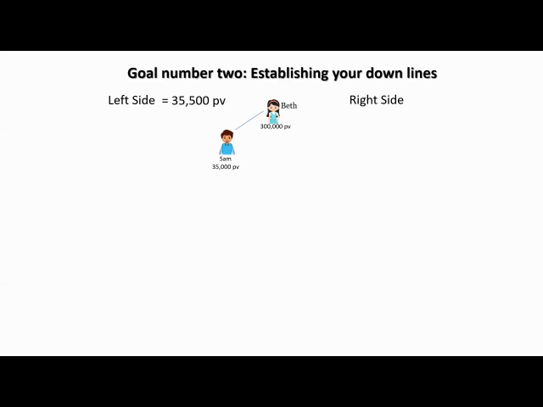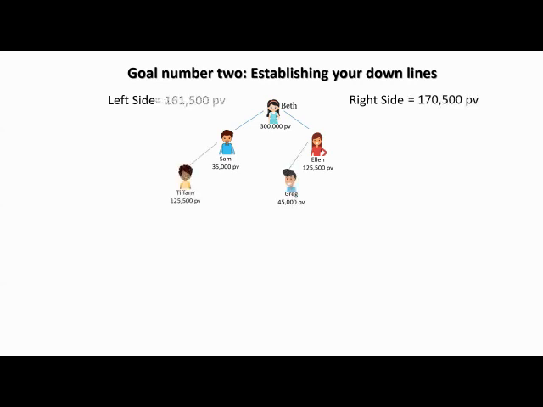And Sam bought some products, so he got points, but so did Beth's left side. And then she signed up her friend Ellen. And Ellen bought some products as well. So now Beth has a left side and a right side. And now she has points in both accounts, both sides.